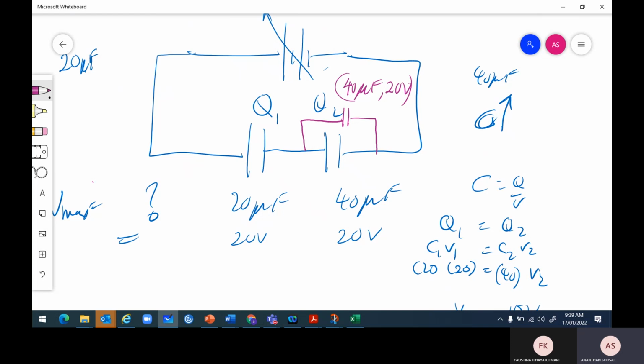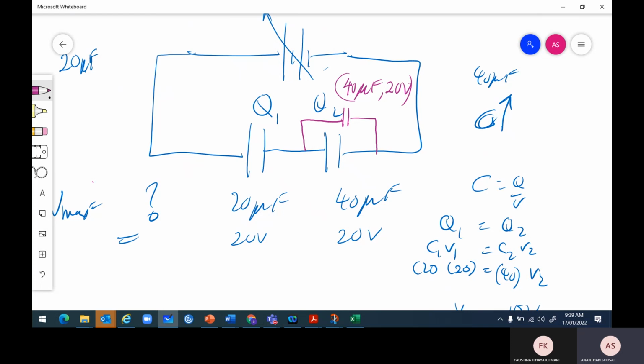So C1 V1 is still the same. C1 is 20 microfarad, and the maximum voltage across the leading capacitor is 20 volt, so this can go up to 20 for sure. When this capacitor reaches 20 volt, what is the voltage of these two capacitors? 5. The charge on the left is the same as on the right.